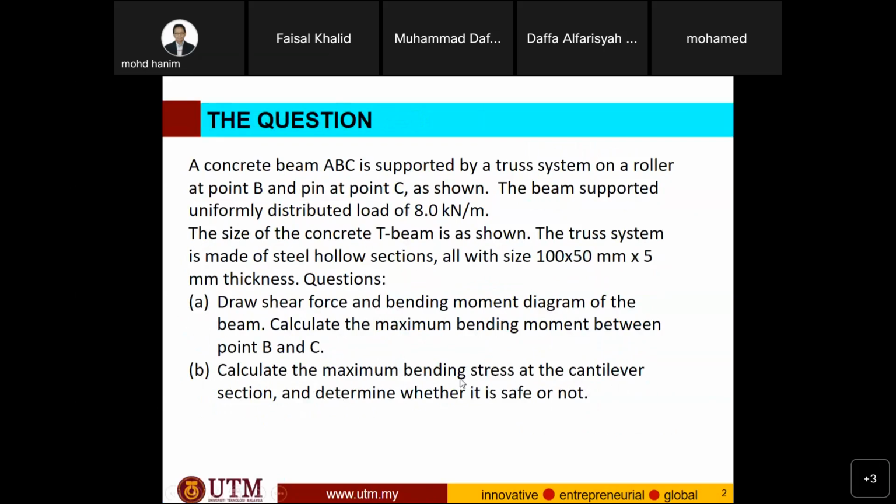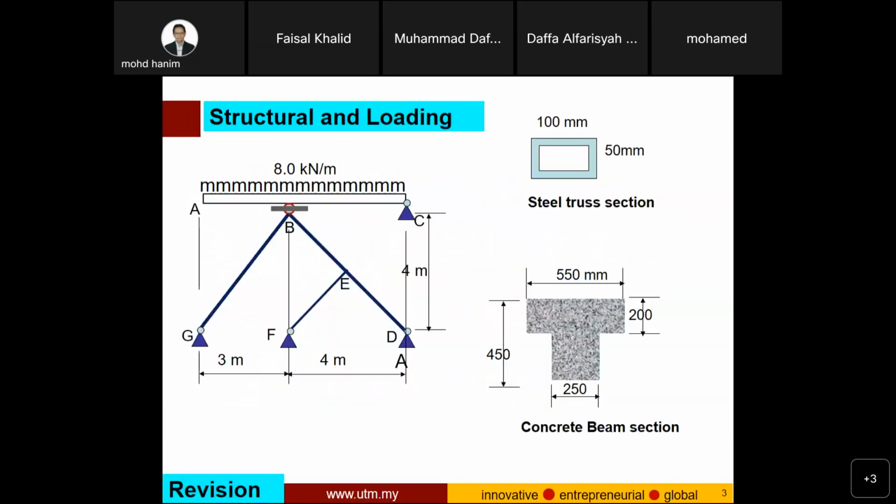So when the question is about safe or not, this is design. When this is design, we have to know the properties of the material and also the dimensions. So this is the structural and loading diagram.